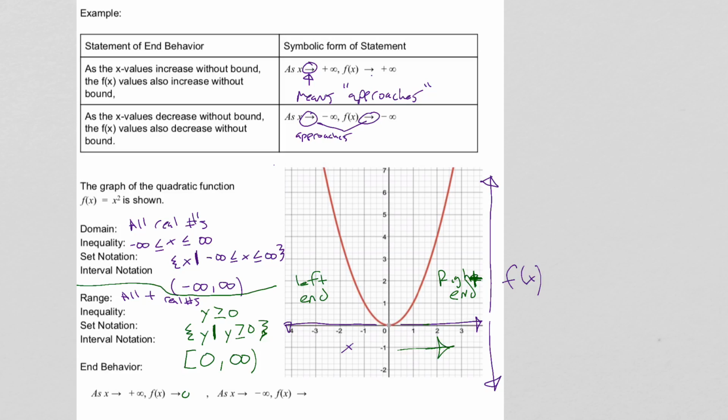Y is getting bigger without bound. Bigger without bound is positive infinity. How about as x goes the other direction? As x decreases without bound, approaches negative infinity, what happens to the values of y? They still increase, right? So there's the end behavior for this particular function.